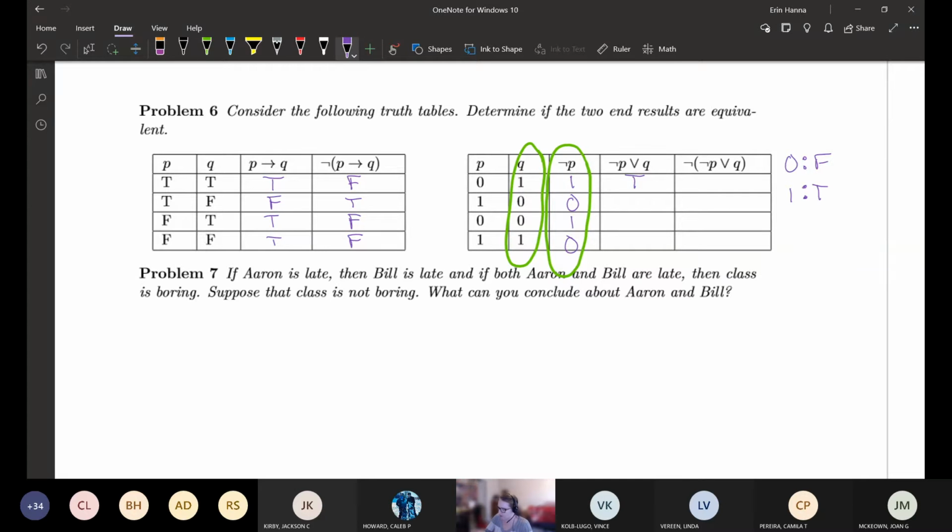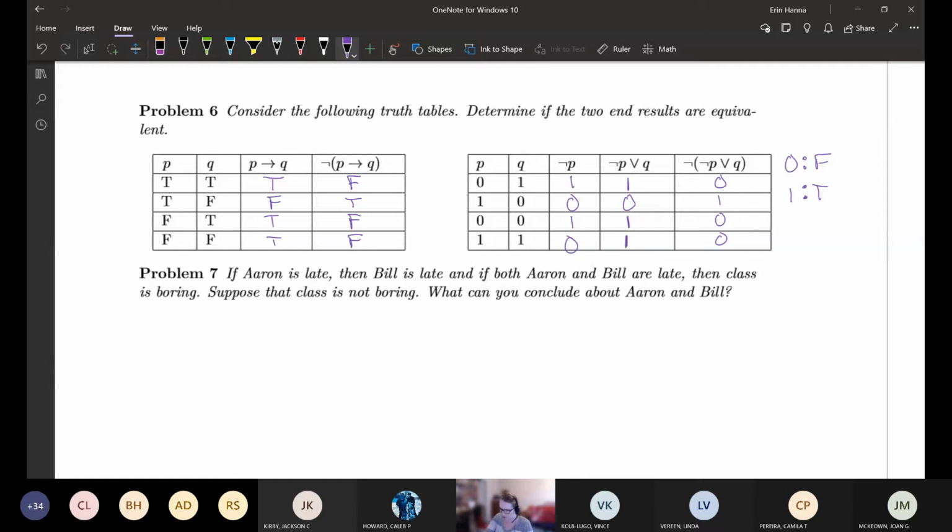The 0, 0, oh, now I've changed back to trues, would be a 1. 0, 0, since those both represent false, would be false, so 0. 0, 1, one of them is the true option, so the or would be true, so 1. 1 and 0, one of them is true, so the or statement is true. And then we want to negate what we just found. So 0, 1, 0, 0.